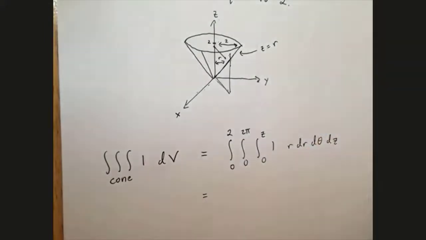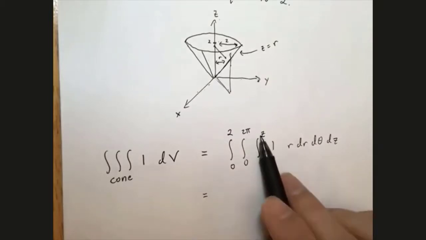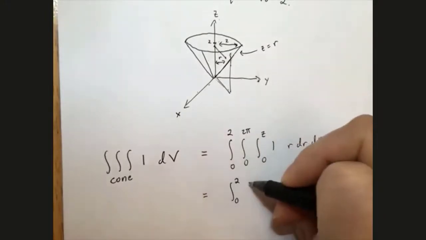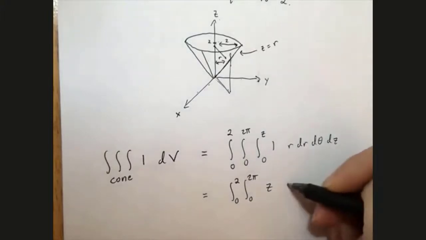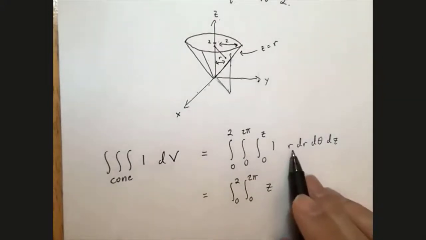All right, and that'll do it. So let's see what this comes out to be. I anti-differentiate this with respect to r, I get r. Evaluate from 0 to z, I get z, right? Oops, okay, hold on. I forgot about my r over here, right?